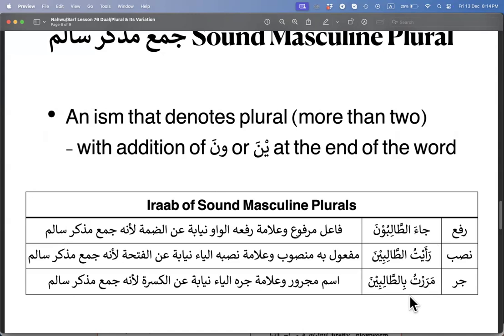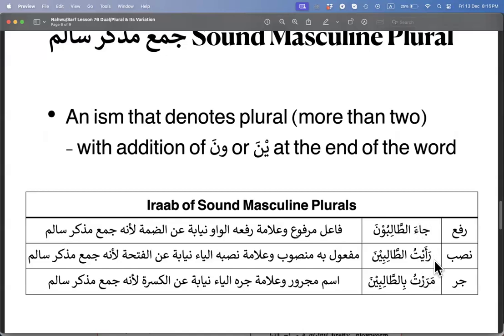Rafa: ja'a talibuna. Yes. Translation? Fa'il marfu. This is just the translation of this one. Ja'a, the students came. Madi, right?